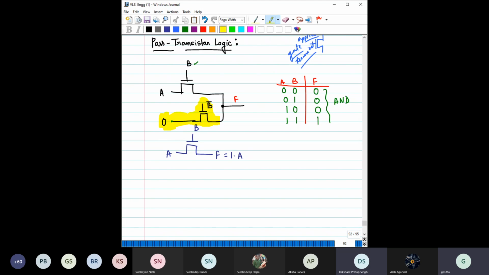So you think that your design using pass transistor logic is done, but that is actually not the correct way. You have to check all combinations of A and B and see that you are getting all the required outputs. This is just for cross checking. Anyway, this question is no longer valid because I have already drawn this circuit.